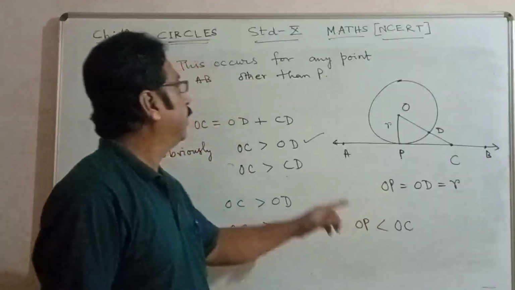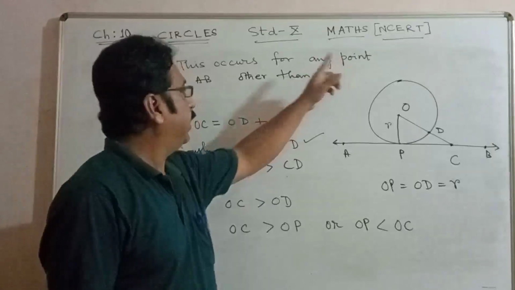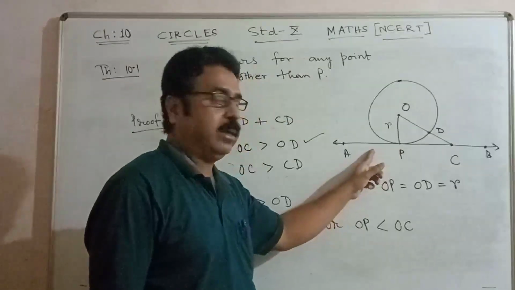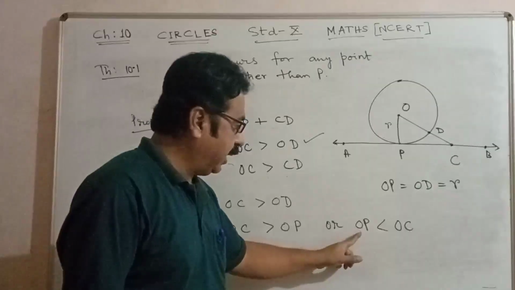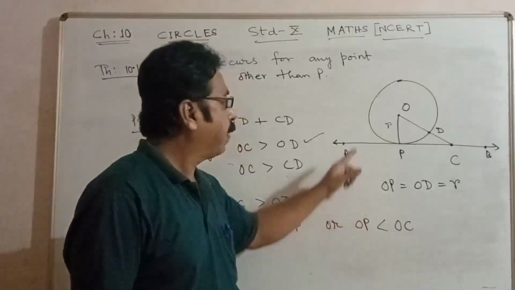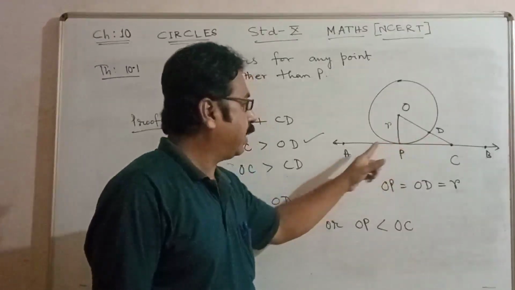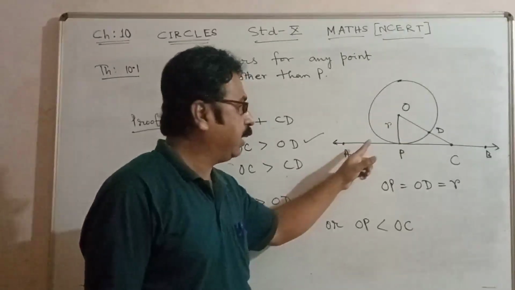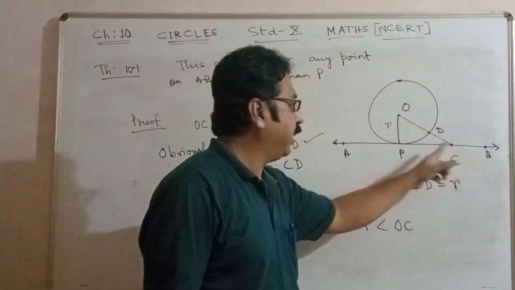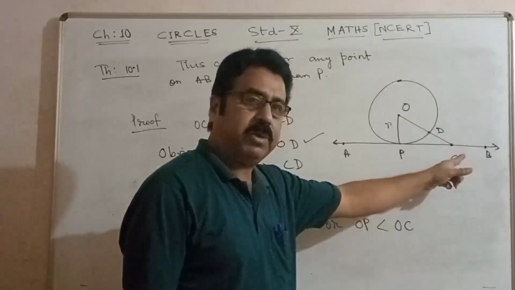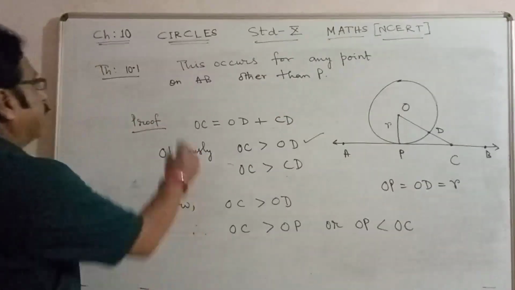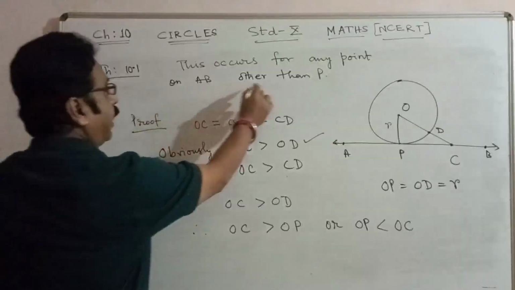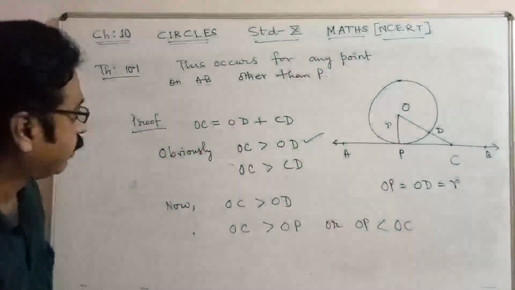If we take any point on AB, always we will get OP less than OC. If we take another point, suppose D, then OP will be less than OD. If we take any point X here, then OP will be less than OX. So this occurs for any point on AB other than P.